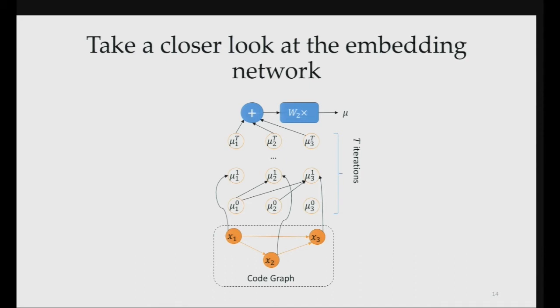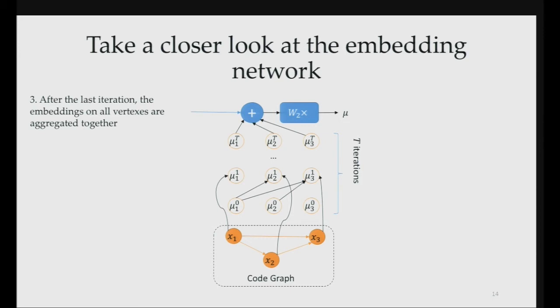Initially, every vertex has an attribute vector. In each iteration, these attribute vectors and the embedding vectors on each node will be propagated to its neighbors. After several iterations, for example, in this figure, there are t iterations in total, each vertex will have an embedding vector that contains the structure information of the graph.